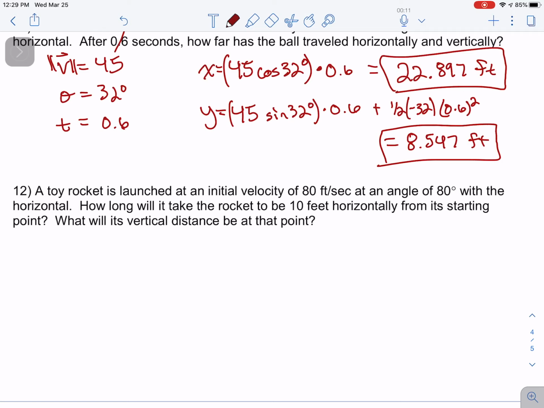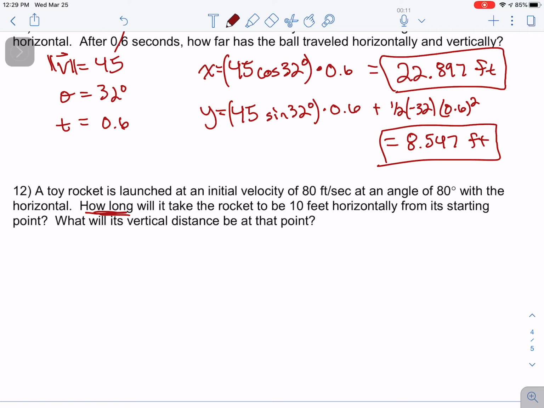Okay, so let's go ahead and go through this. So we got a toy rocket launched with an initial velocity of 80 feet per second at an angle of 80 degrees to the horizontal. How long, so we're trying to find t, will it take for the rocket to be 10 feet horizontally from the starting point? And then what's its vertical distance at that point?